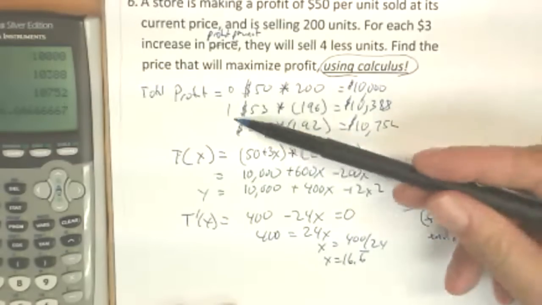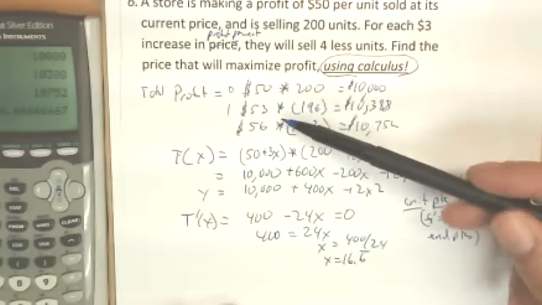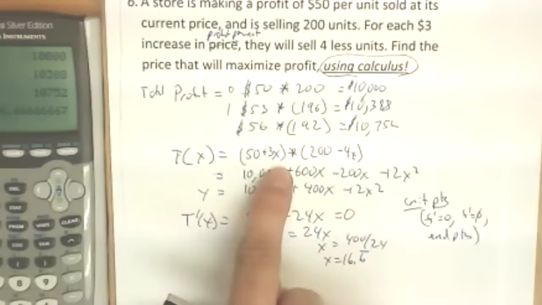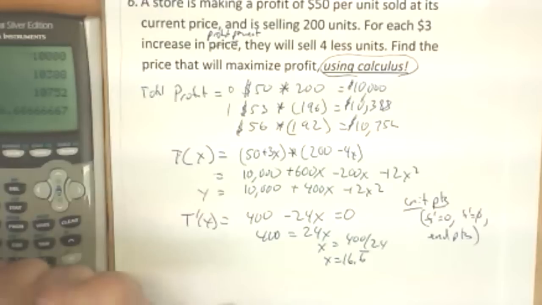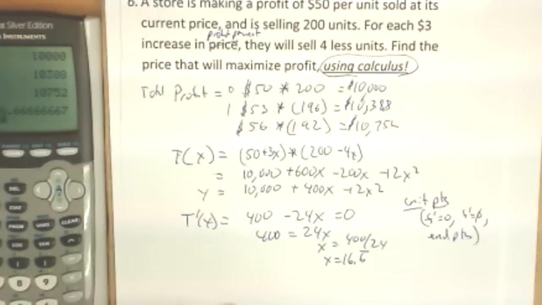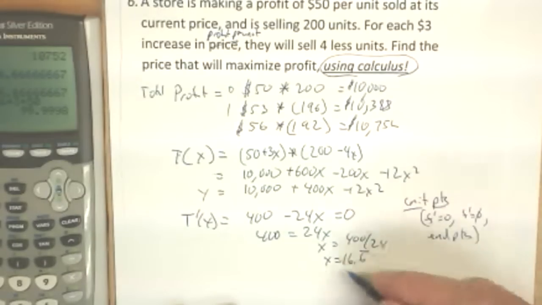Now, if you look back at where we came from, that's not a price. That's an x variable. It's related to the price and the number we're going to sell. So if I plug that in, I'll have 50 plus 3 times that. Okay, let's just do it. 16.666 forever times 3 plus 50, and I get basically $100.